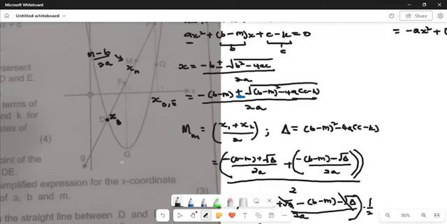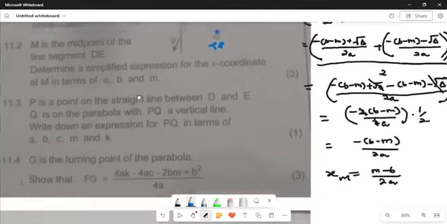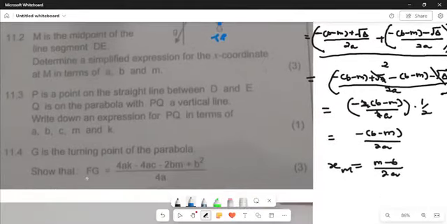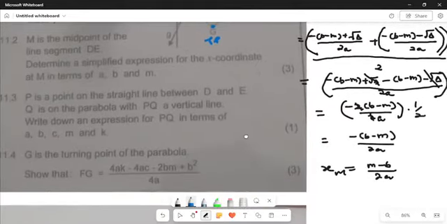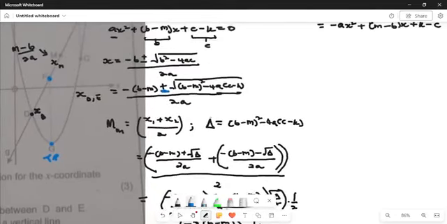So FG is our vertical distance from that point F up until G. And at this point we have a turning point on our parabola. So we are required to prove that that vertical distance FG is equal to that, for 3 marks.